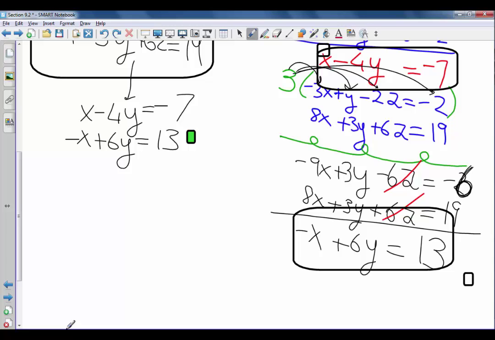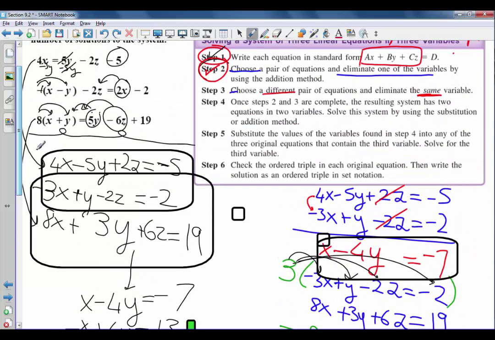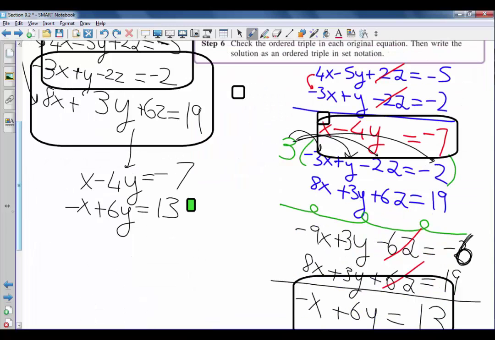We have 2 unknowns, 2 equations. Okay? Now where are we in these steps? We are done with this. As I said, when you are done with the first 3 steps, you have 2 variables and 2 equations. Guess how we are gonna solve this?